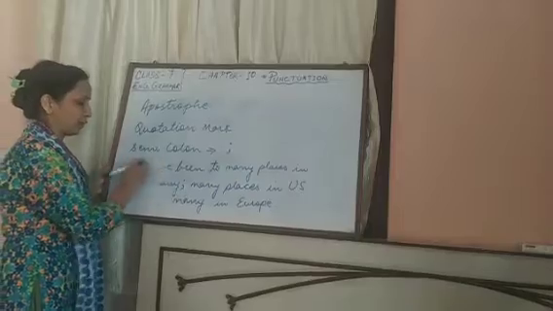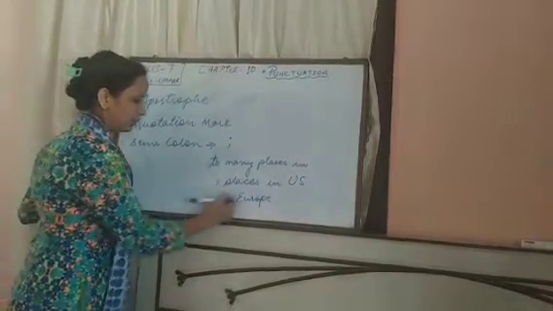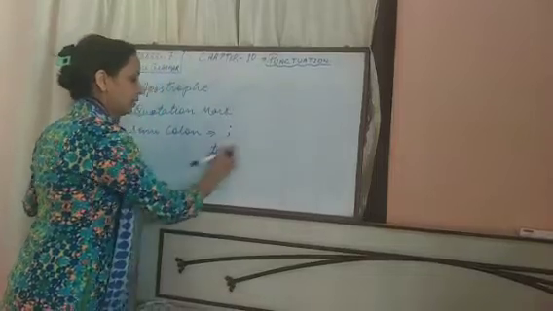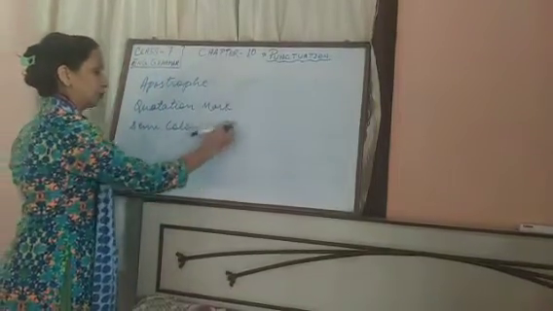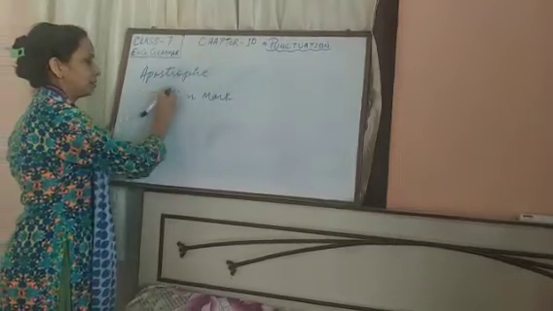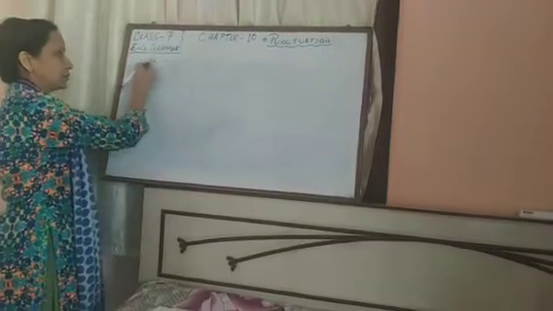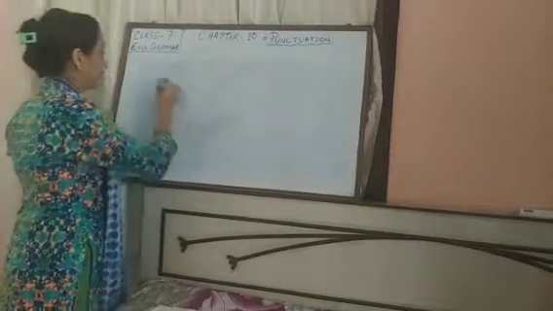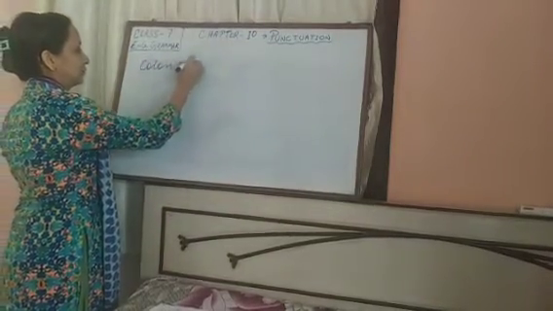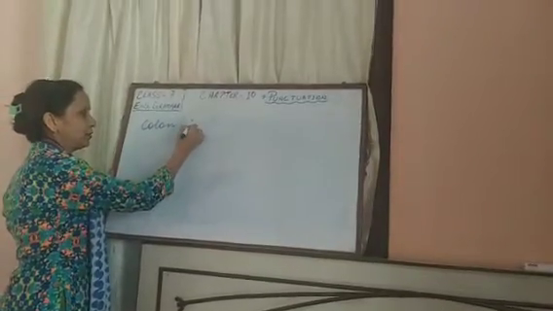Next we have colon. We use colon in writing answers also, when we are mentioning a list of points in our answers in SST or in science. For example, this is the sign of colon.